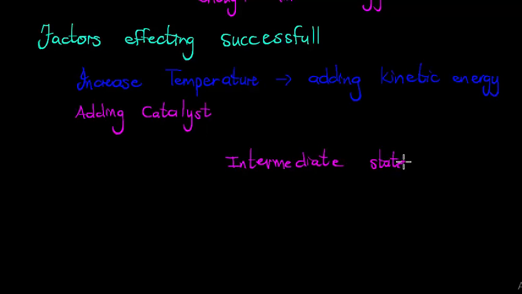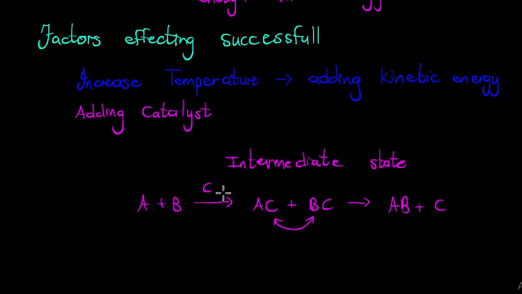When we add a catalyst, it does produce intermediate molecules, but in the end, if we have our A plus B, and let's say C is my catalyst, then some molecules react with my catalyst, and some molecules of the other reactant react with my catalyst, and in the end these two molecules would be able to interact with one another to produce a product, and yet leave the catalyst back in its original state.